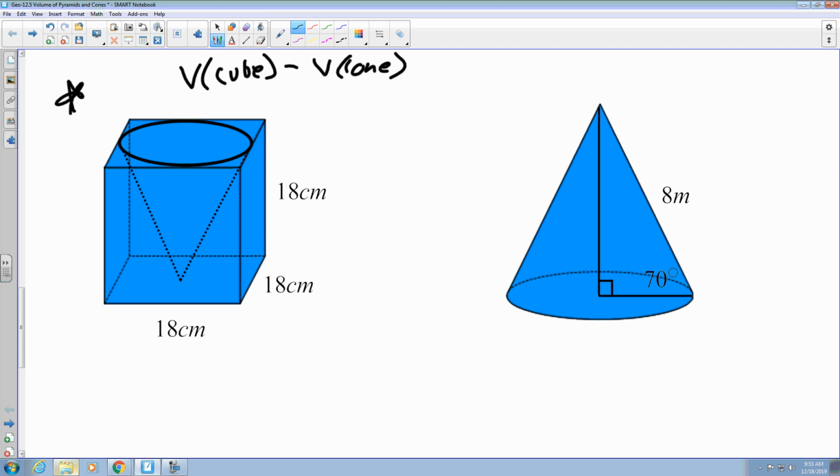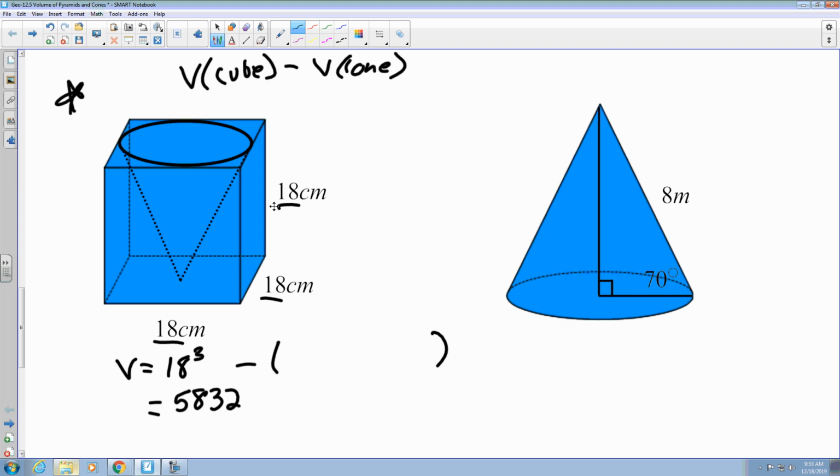Going back to what we talked about in 12.4, the volume of the cube is the side measurement, and it's all 18, so it's going to be 18 cubed. 18 raised to the third power is 5,832. Now it's going to be subtracted by the volume of the cone.